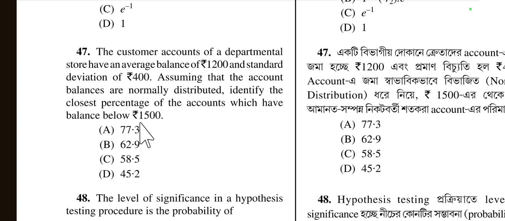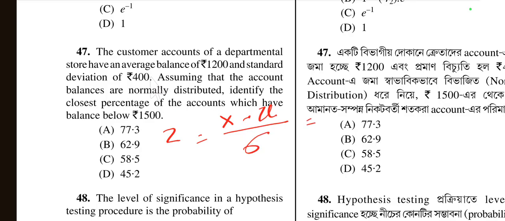The formula for z-score is z equal to x minus mu by sigma. Here x is the value we are interested in, that is 1500, mu means mean, that is 1200, and sigma means standard deviation, that is 400.